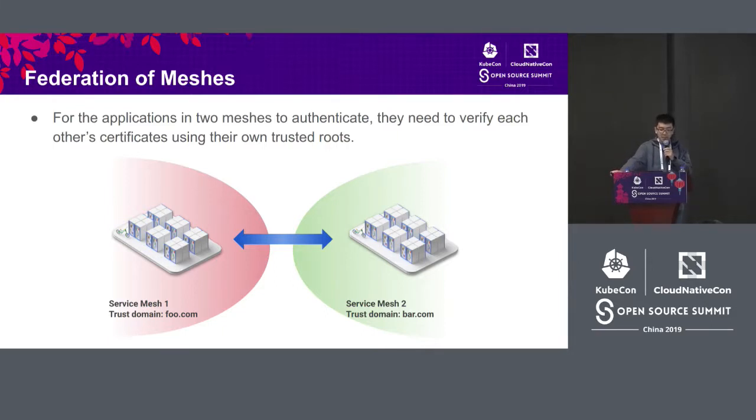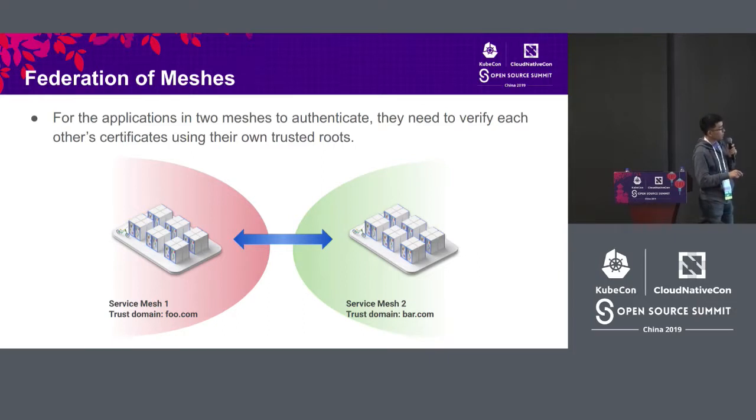So in these slides, we are talking about identity federation specifically. In terms of the federation of the meshes, for the applications in two different service meshes to authenticate each other, we need to verify each other's certificates using their own trust roots. For example, in this following graph, we have service mesh 1 with the trust domain foo.com, and service mesh 2 with the trust domain bar.com.